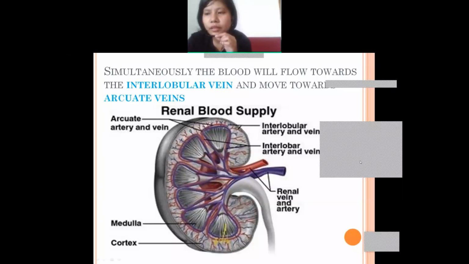Tumpe, can you hear me? Tumpe. Okay, Darshana, you please continue. After peritubular artery, where will it go? Oh, sorry, capillaries, where will it go?